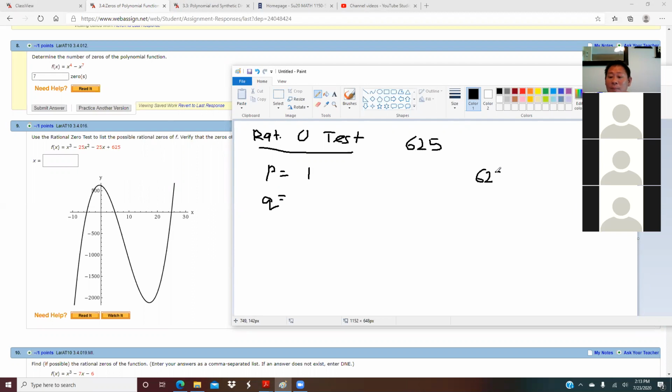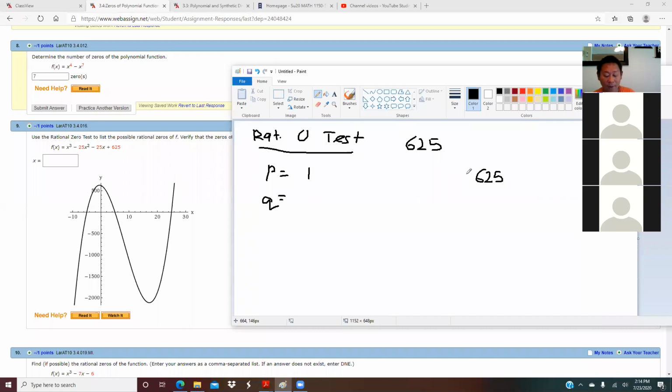So what times what is 625? If you have a calculator, I would begin to use it and divide. I know 5 goes in there. I might try 2, then 3, 4, 5. So I take 625 divided by 2. It's a decimal, so no good. 625 divided by 3, decimal, no good. 625 divided by 4, decimal, no good.